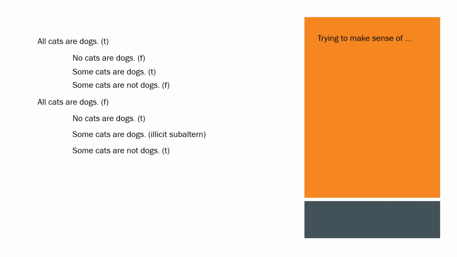Because we don't know yet if this is... We can't have it either true or false, because if we get an I subaltern, then the relationship still remains illicit because the falsity of the A doesn't flow downward and does not affect I in the same way. And if it's either true or false, the relationship remains illicit, right?